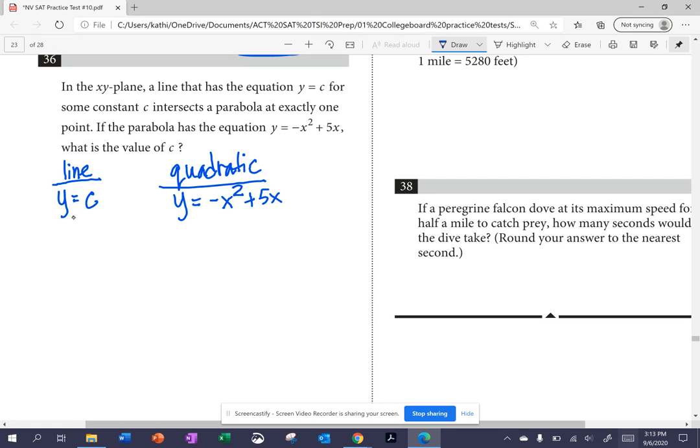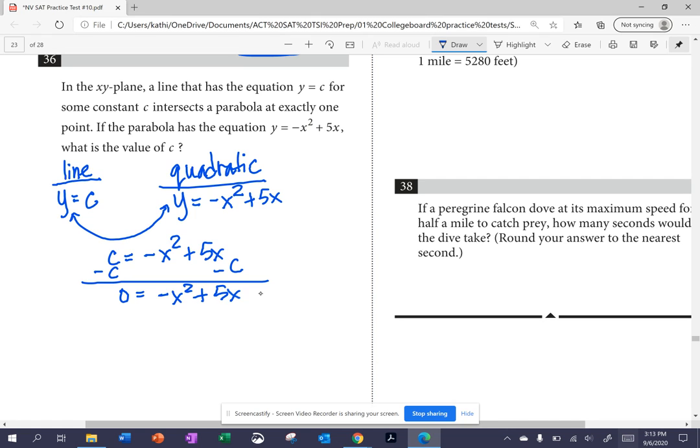So I am going to set y's equal to each other. So this is going to be c equals negative x squared plus 5x. So I'm going to move c to the other side. So 0 equals negative x squared plus 5x minus c.